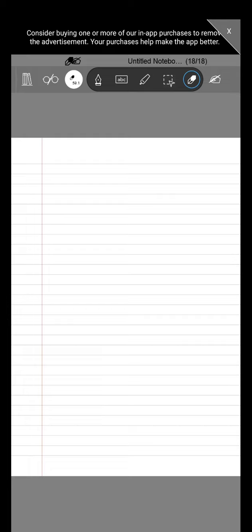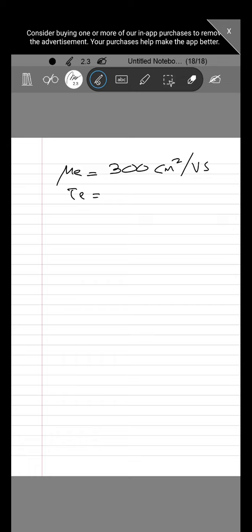So, we will first start with a problem where the mobility of an electron is said to be 300 centimeters square per volt second. The recombination time of the electron is given as 90 nanoseconds, and the temperature is room temperature, 300 Kelvin.